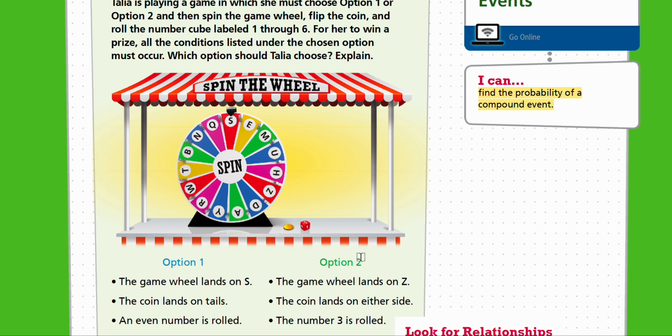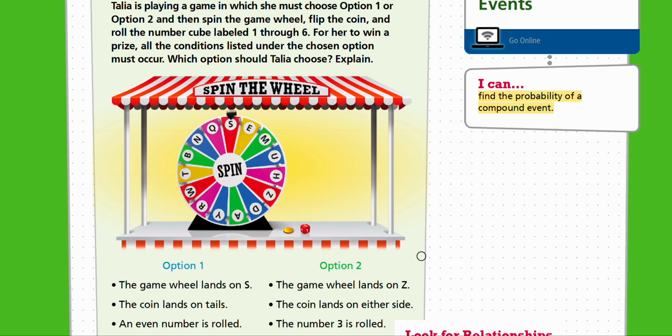And then there's another option where the game wheel lands on Z, and then the coin lands on either side, and then the number 3 is rolled, right? So then either of them is not easy, but maybe there's a better probability out of these two options, right?